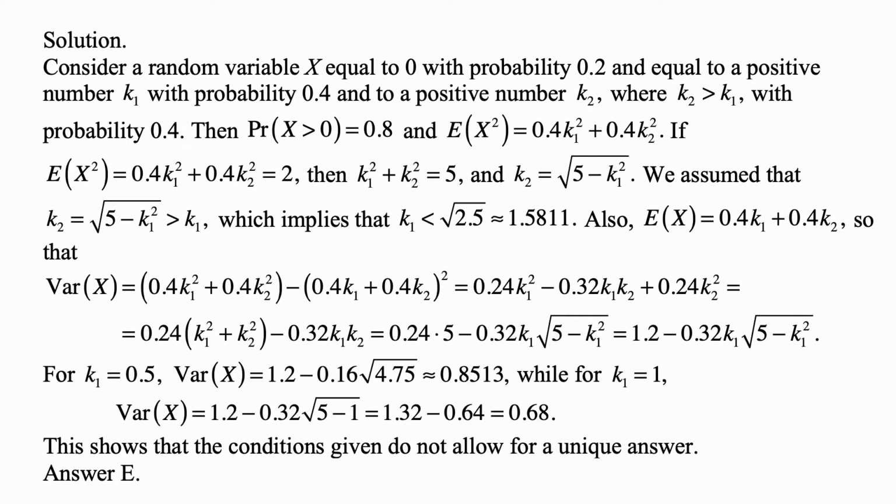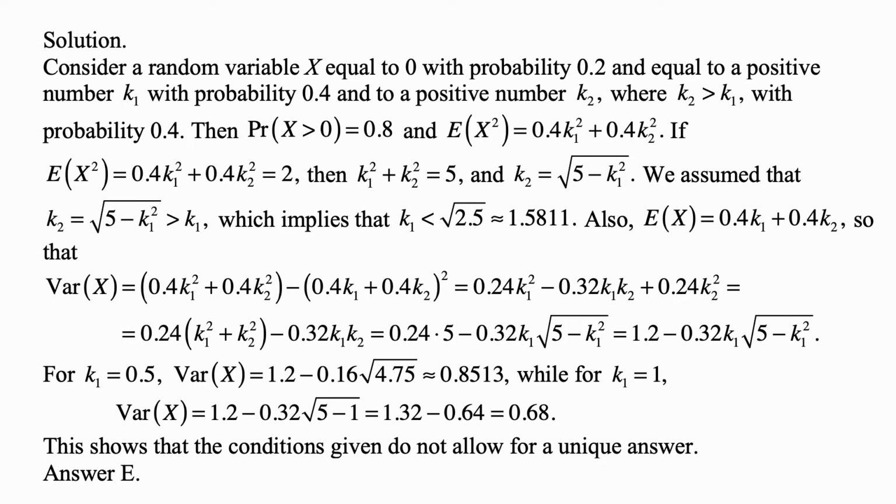And here's the solution. Consider a random variable x equal to 0 with probability 0.2 and equal to a positive number k1 with probability 0.4 and to a positive number k2, where k2 is more than k1, with probability 0.4. Then probability that x is positive is 0.8 and the second moment of x is 0.4 k1 squared plus 0.4 k2 squared.